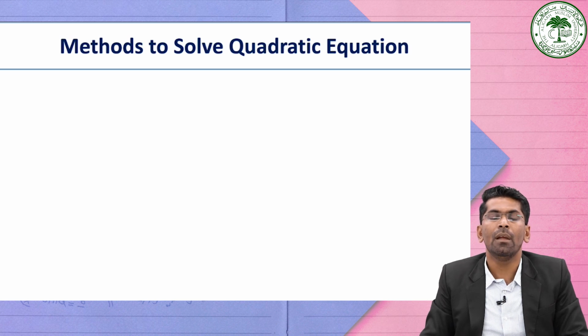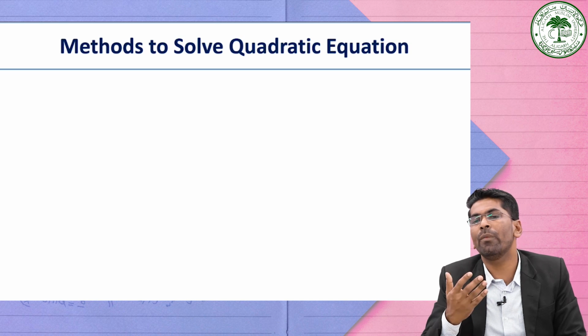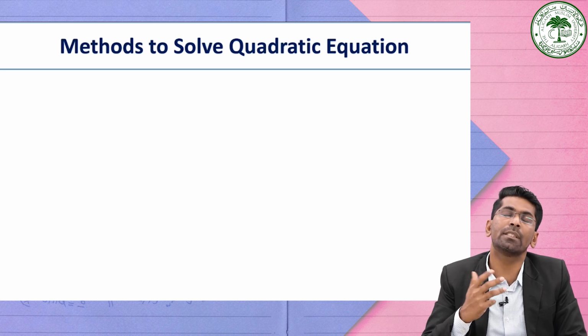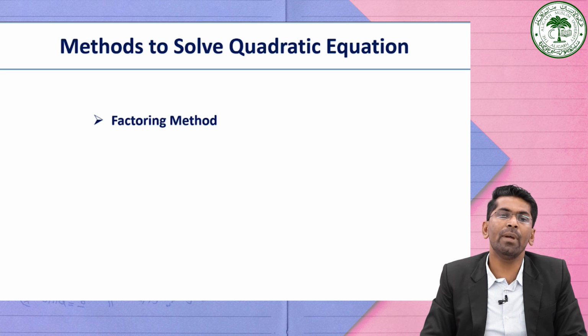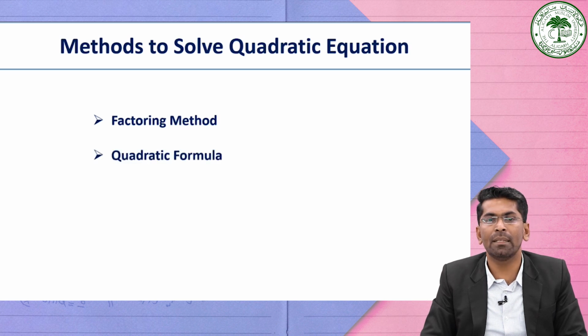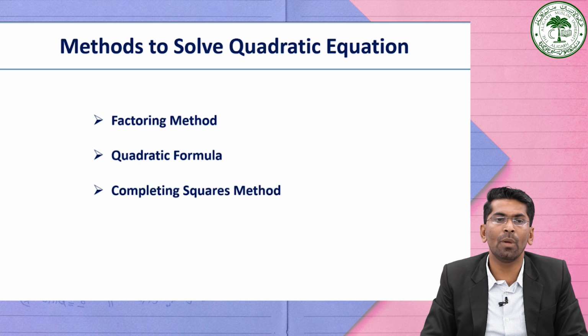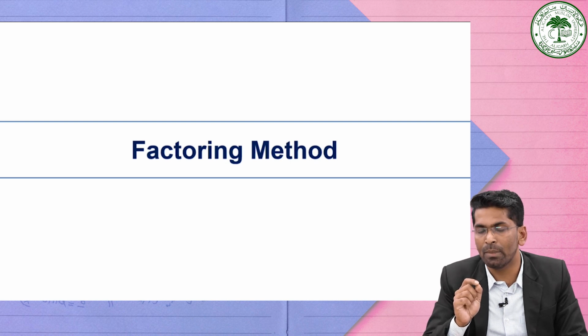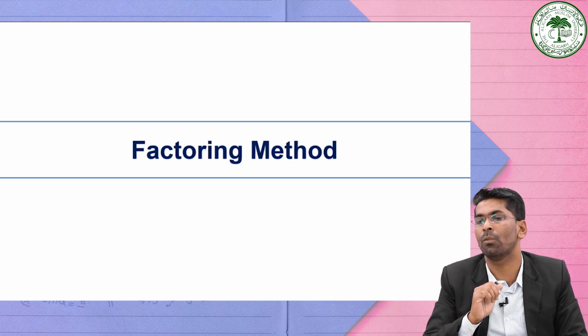Now there are several methods for solving a quadratic equation, depending upon the specific form of the equation and your personal preferences. We have methods like the factoring method, the quadratic formula, the completing the square method, and graphical methods. Out of these methods, today we will focus only on the factoring method for solving the quadratic equation.